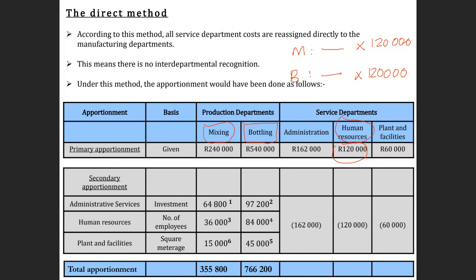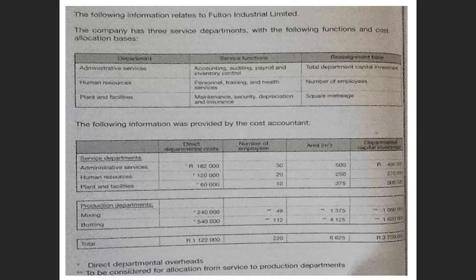So again, now let's create a ratio. So we know that the HR amount is only going to mixing and bottling. So you'll go to HR here at the top first. It said to you in the last column that the cost is reassigned based on the number of employees that the department holds. So you're going to go to number of employees located in the table at the bottom, and it is here.